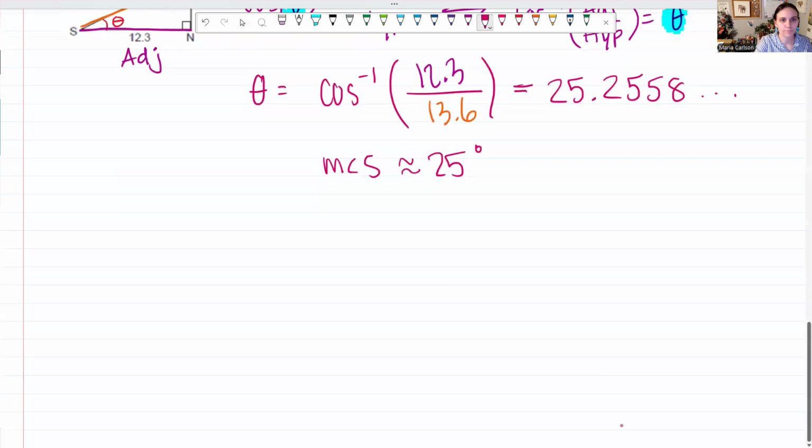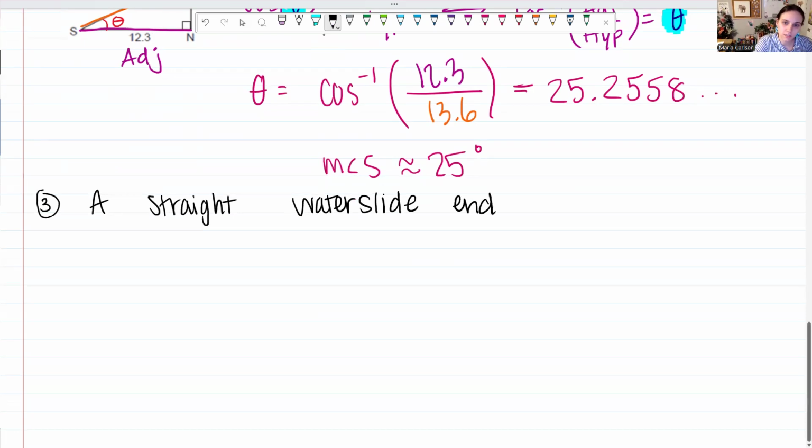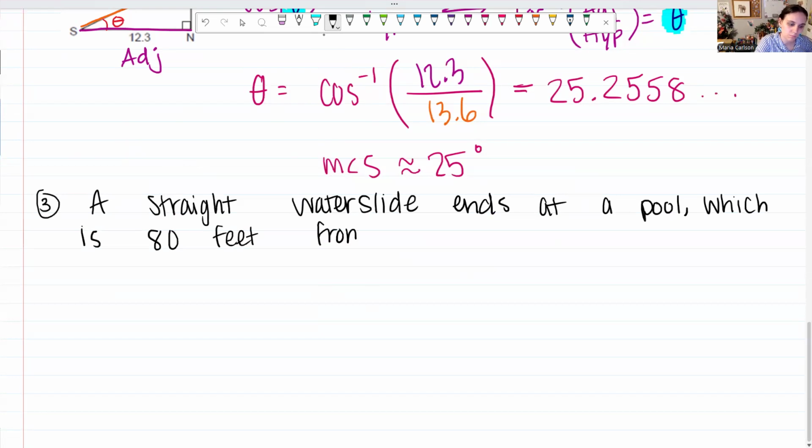We're going to do one more. Number 3: a straight water slide ends at a pool which is 80 feet from the base of the 37-foot tall slide.